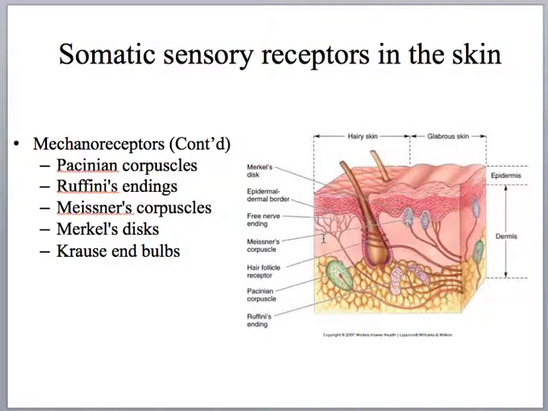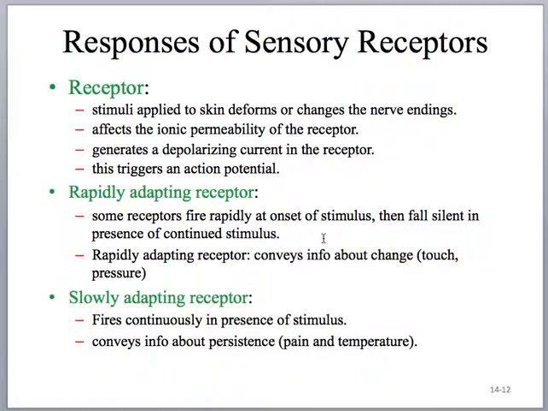This diagram just shows where these different types of mechanoreceptors are located. I do not want you to memorize this. This just gives you an idea of where they're located. Responses of sensory receptors, again, they respond to changes to skin that deform or change the nerve ending.